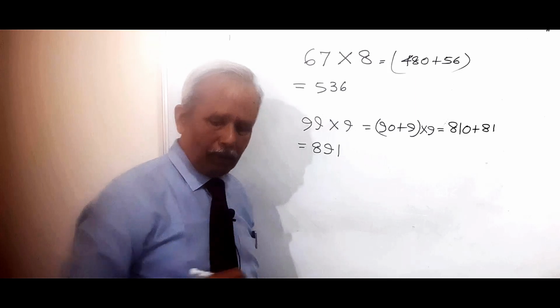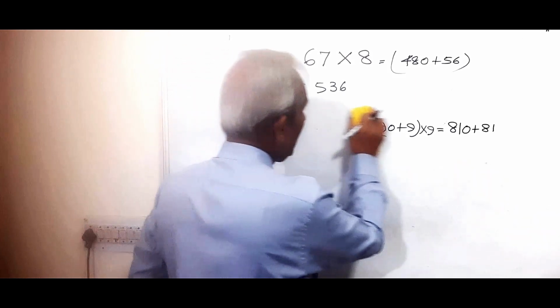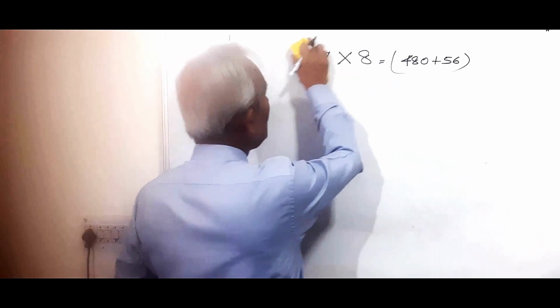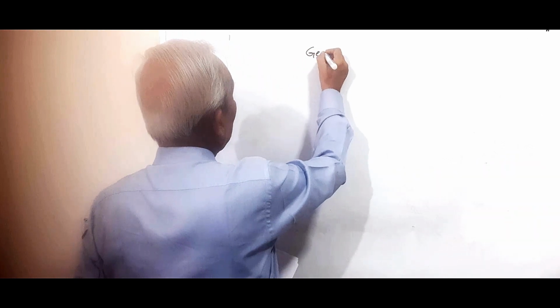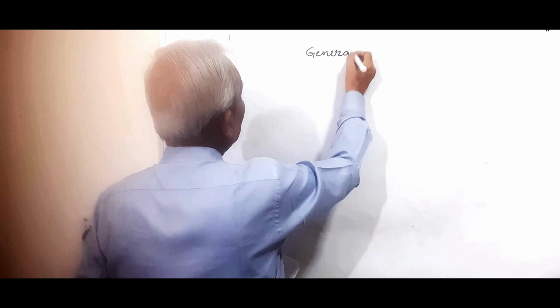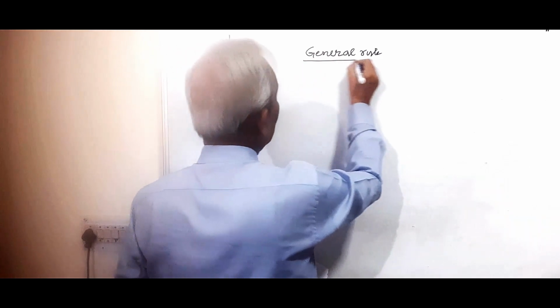Well, now I will show you, in fact, for any two-digit number, we can find out the multiplication table very easily. And for that, let us see one general formula, a general rule. So I'll show you a general rule for multiplication table of two digits.